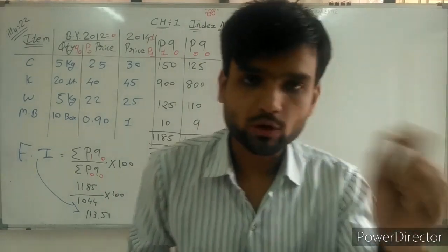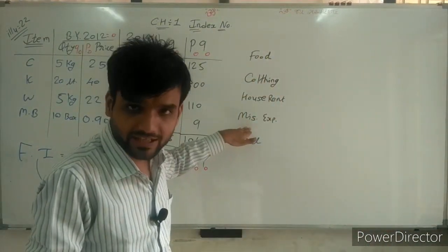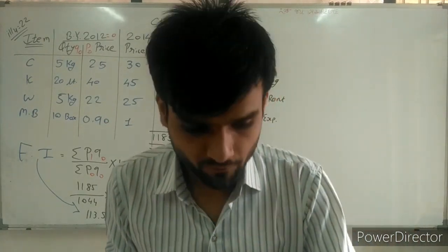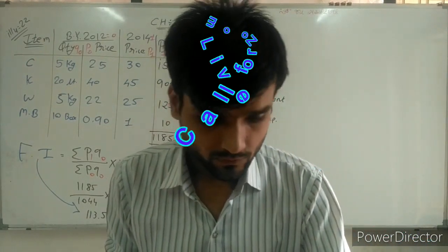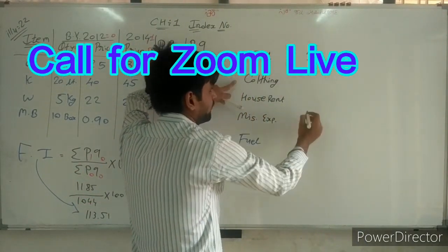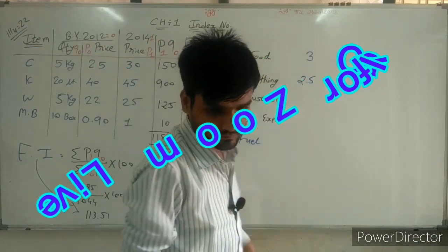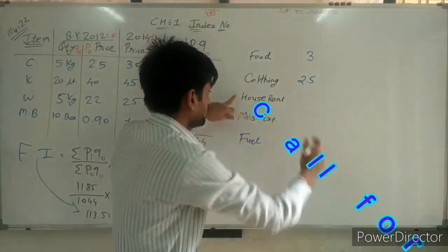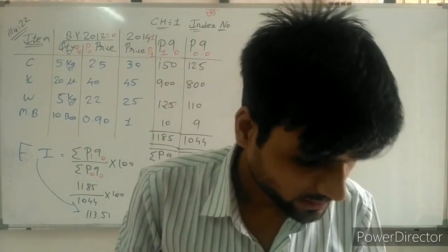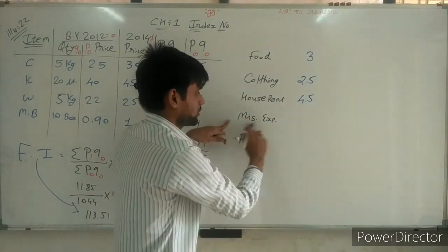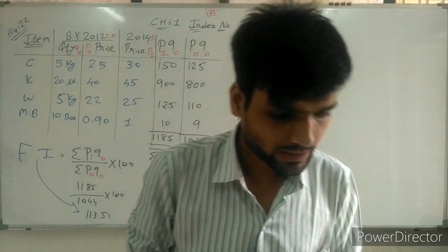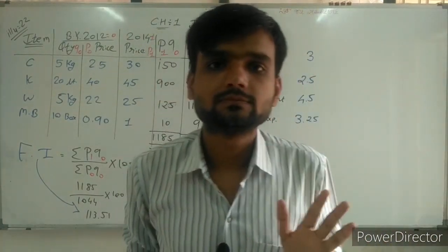Going ahead. So total expenditure on these items in the year 2015 are 3, 2.5, it means for food 3, for clothing 2.5, 4.5 house rent, and 3.25, so miscellaneous 3.25 times respectively.